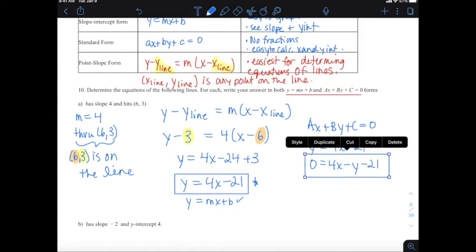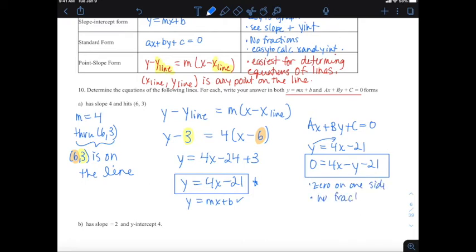Okay, so the key here is that there's 0 on one side and also no fractions. And I want to make sure that a is positive, so I start the line with a positive number.